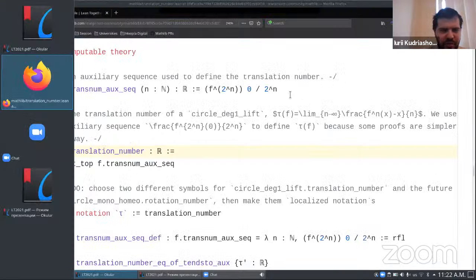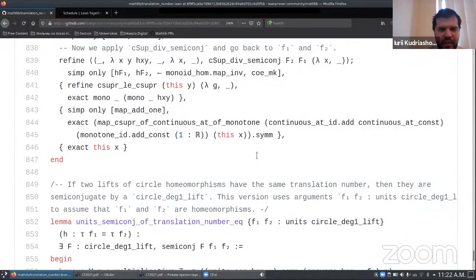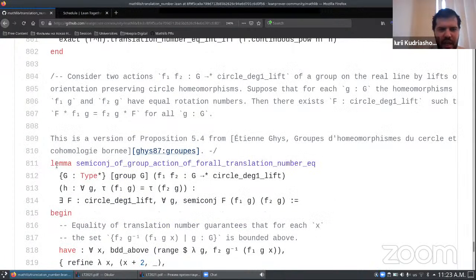Let me show. So this is the proof, and this is the statement of the theorem.